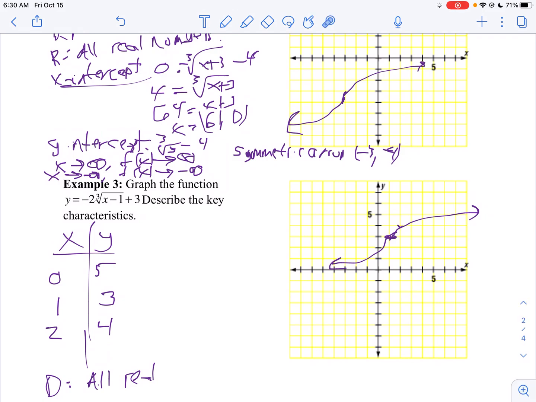And I just noticed something. If I do 2, that's negative 2 plus 3, that's 1. So I got my graph backwards here. Let's try that again. So over 1 and up 3.